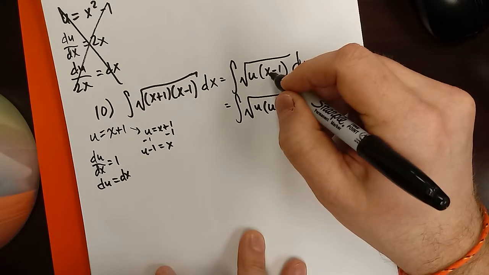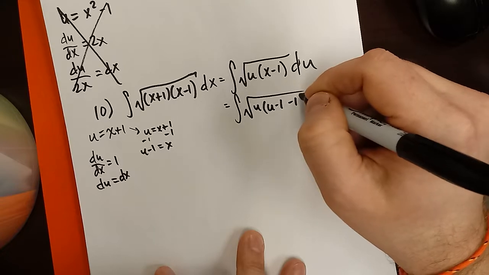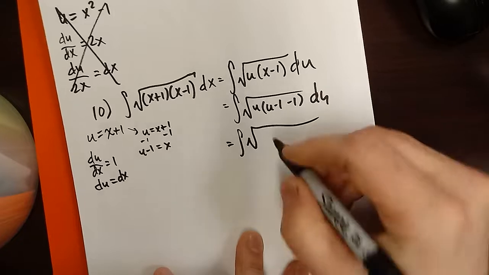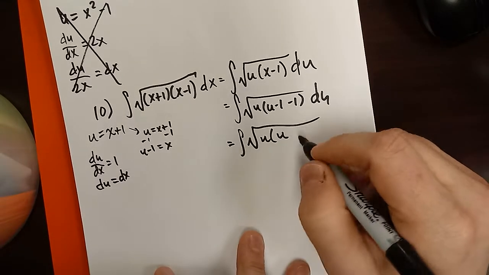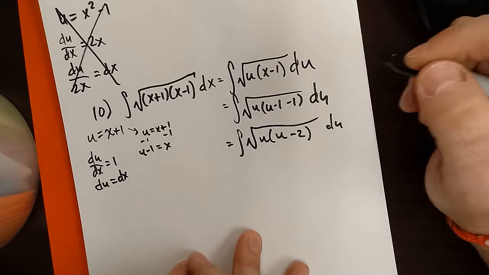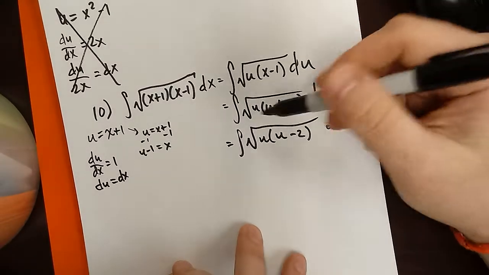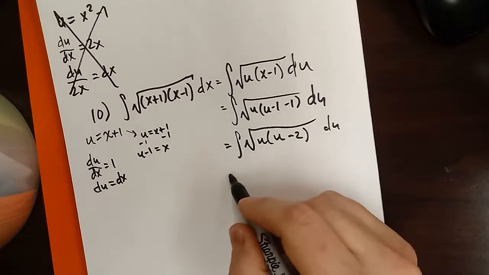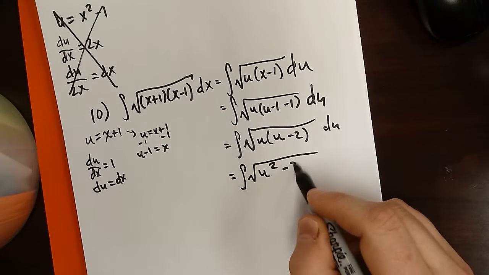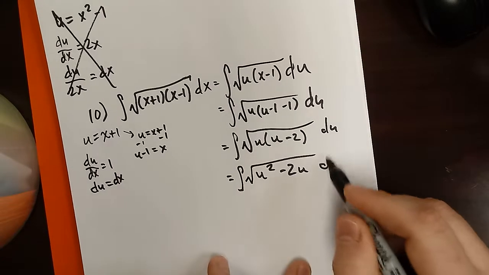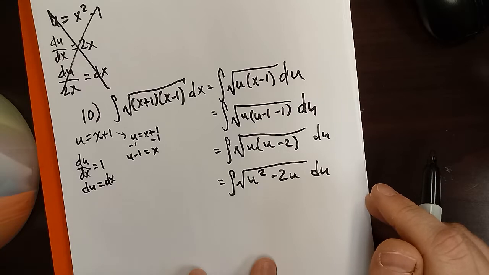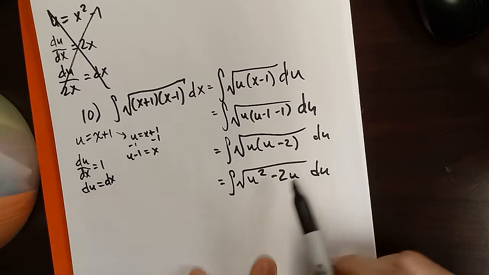So u minus 1 here, and then minus another 1. Or u times u minus 2 du. Like, this is valid. Let's see, then if I multiply that out, I get u squared minus 2u du. Cool. That doesn't help. I don't know what to do with this either.